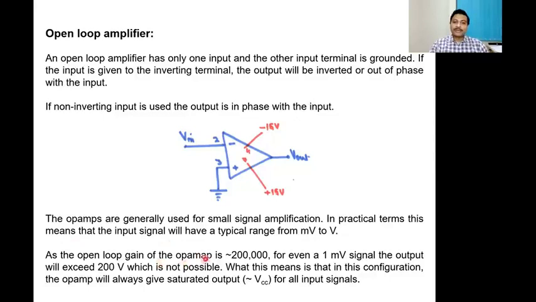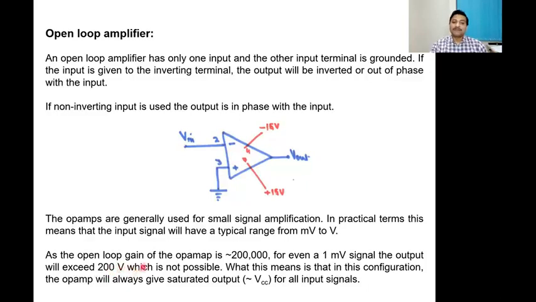Now, the open loop gain of the operational amplifier is 200,000, at least for the 741. So let's say this is my input range. Even for a 1 millivolt signal, the output will exceed 200 volts. In this configuration, V_ID is the same as V_in. So let's say I give 1 millivolt DC voltage, then the gain of the amplifier is 200,000 as we have characterized. So the output is simply 200,000 times 1 millivolt, which theoretically gives 200 volts.